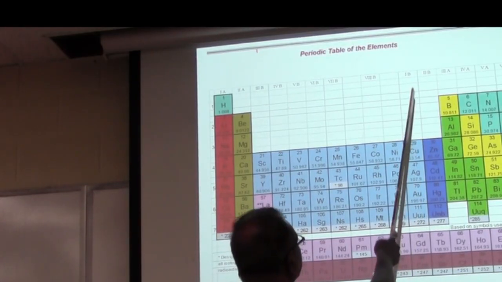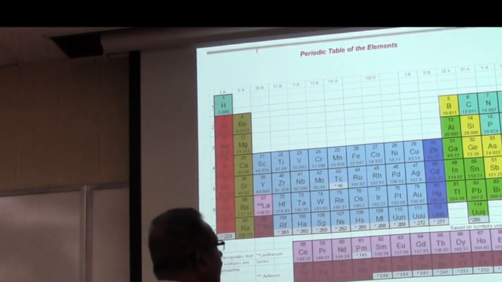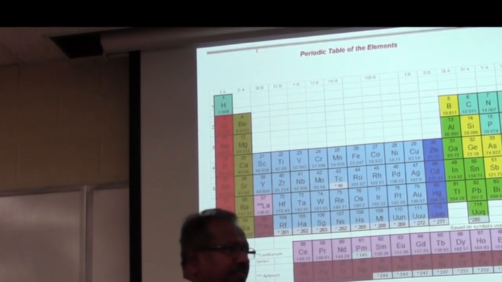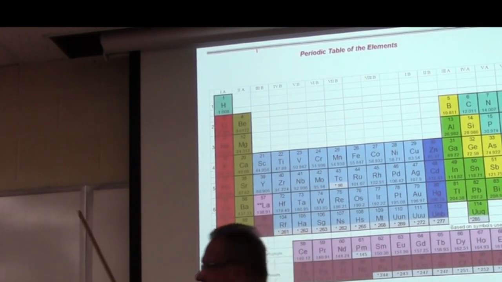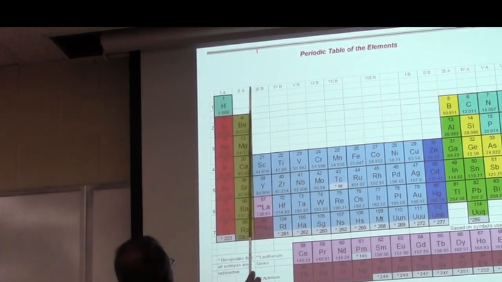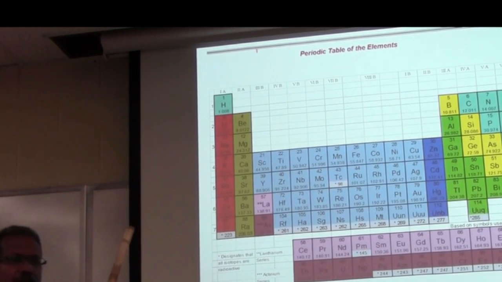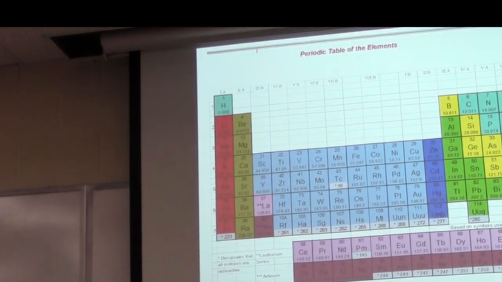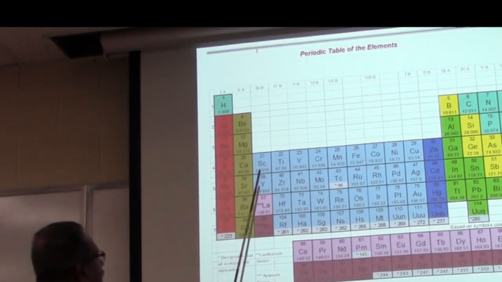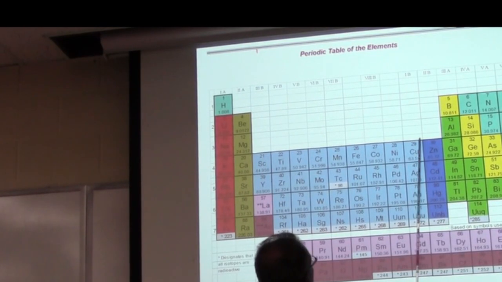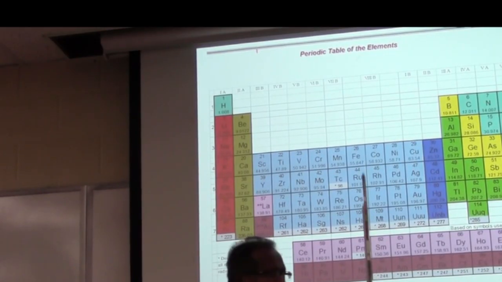And this group, 2B, is the end of the transition metal series, but they don't behave like transition metals because of their electrons. In these blocks, in the valence shell, S electrons are filled. This is called the S block. And in here, the D electrons are being filled.